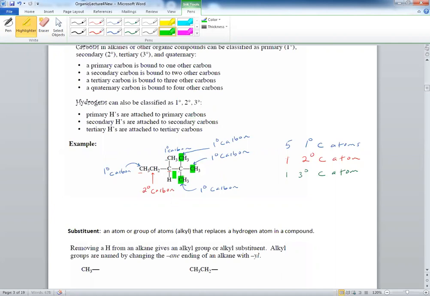That's 2, that's 3, and that's 4. So this carbon right here is attached to 4 other carbons, and that would be a quaternary carbon. Quaternary carbon atom.